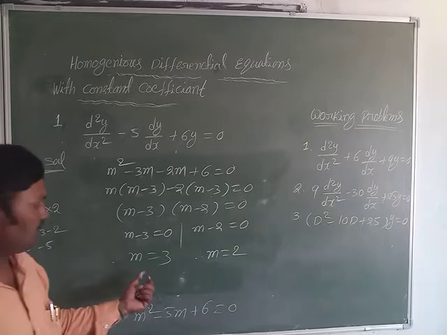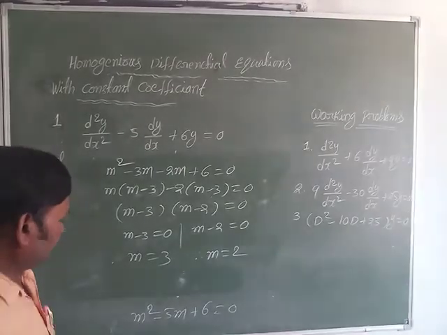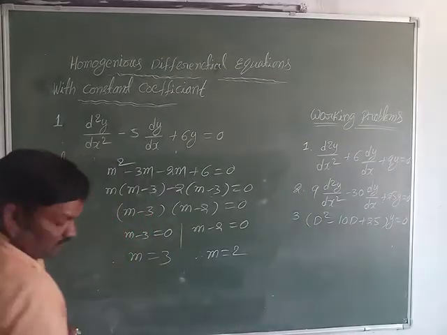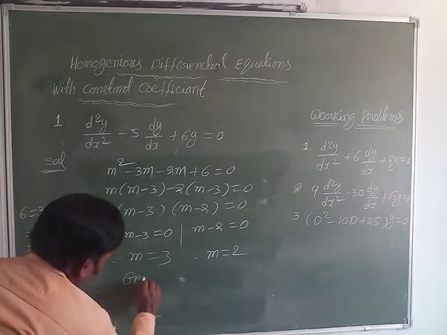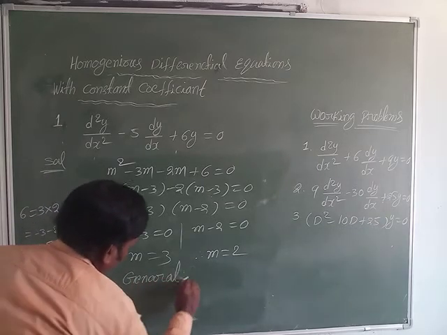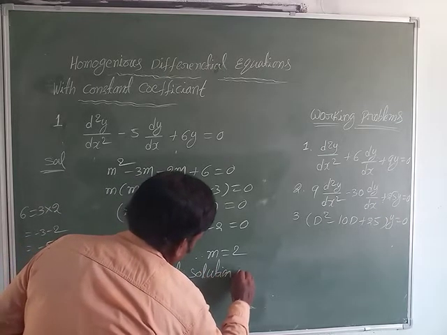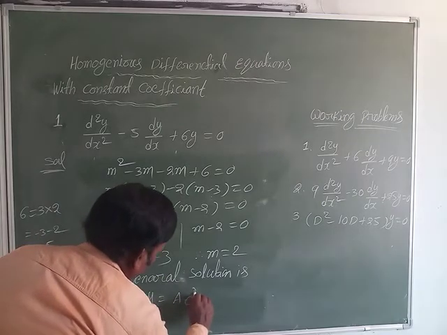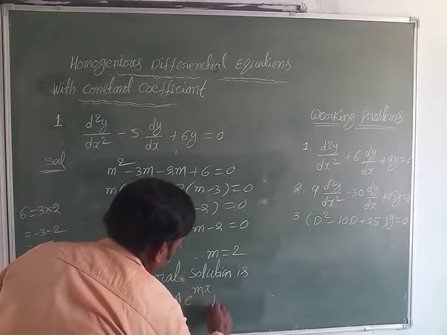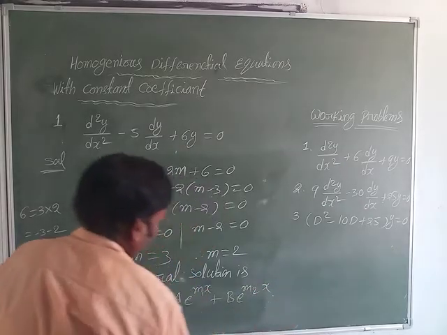So here the two roots are distinct. Then the general solution is y is equal to A e to the power of m1 x plus B e to the power of m2 x.